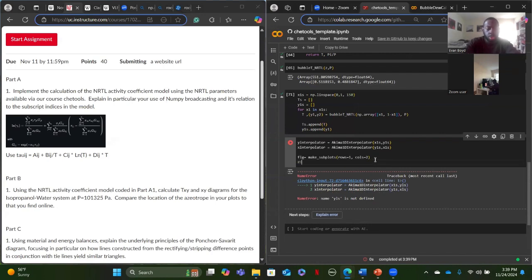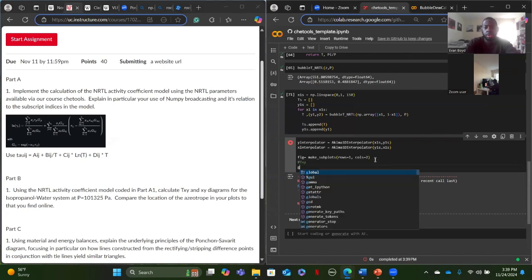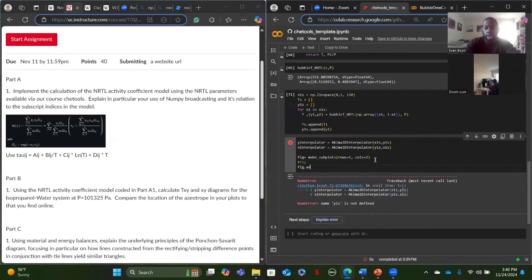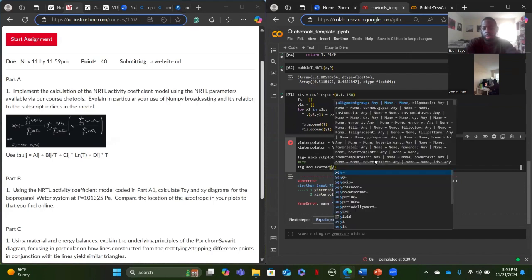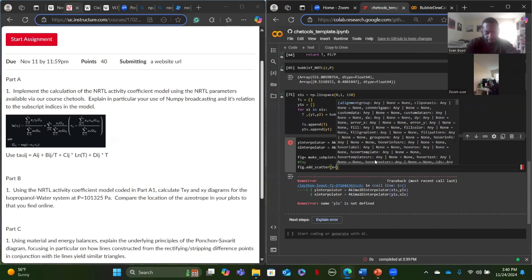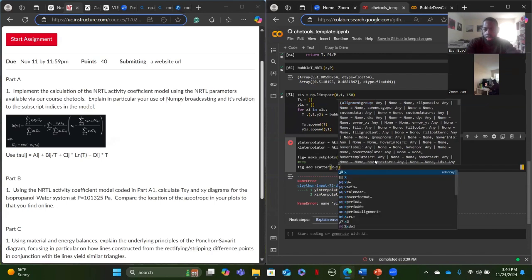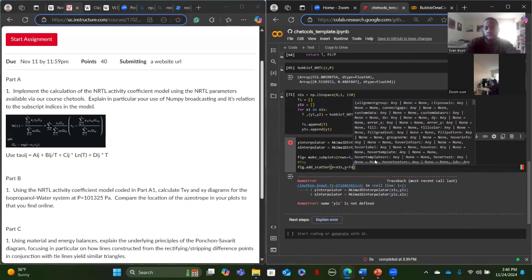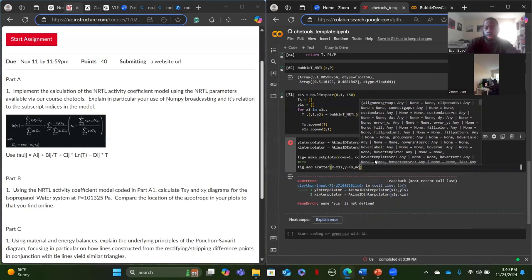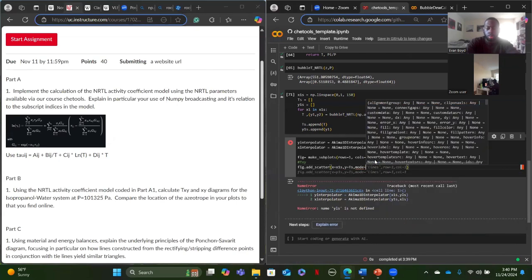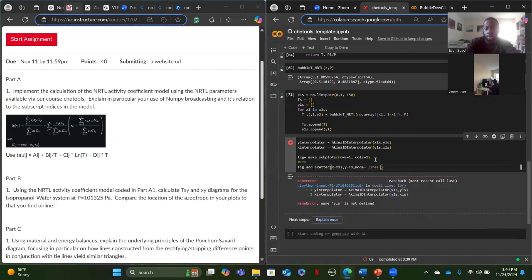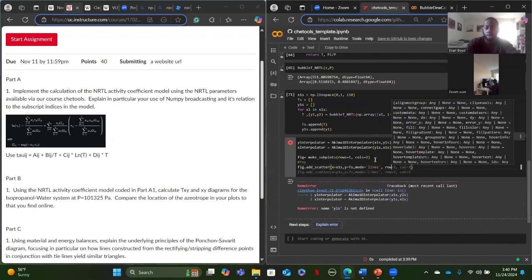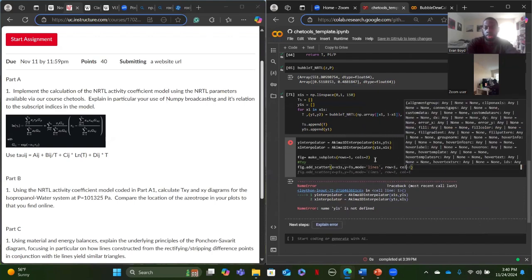This one would be our TXY, and for this we do fig add scatter, and our X would be X1s, Y would equal our TS, mode lines. And then for our rows, this is our first graph, so rows equal to 1, columns equal to 1.